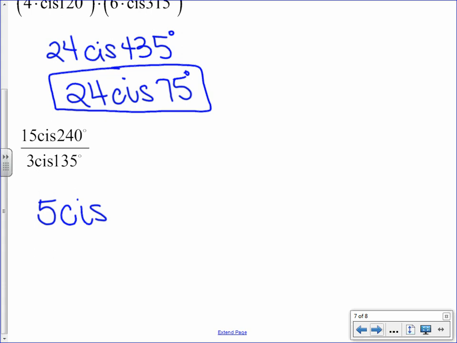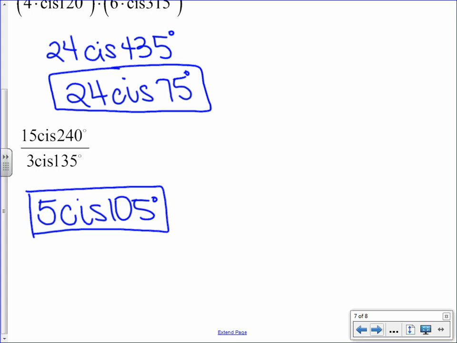Subtract them, so what is 240 minus 135? Is that an appropriate answer? Yes, our angle is between 0 and 360. It is possible, if your angle in the denominator is bigger, that you're going to get a negative angle. Then you have to add 360 to get it between 0 and 360. Question.